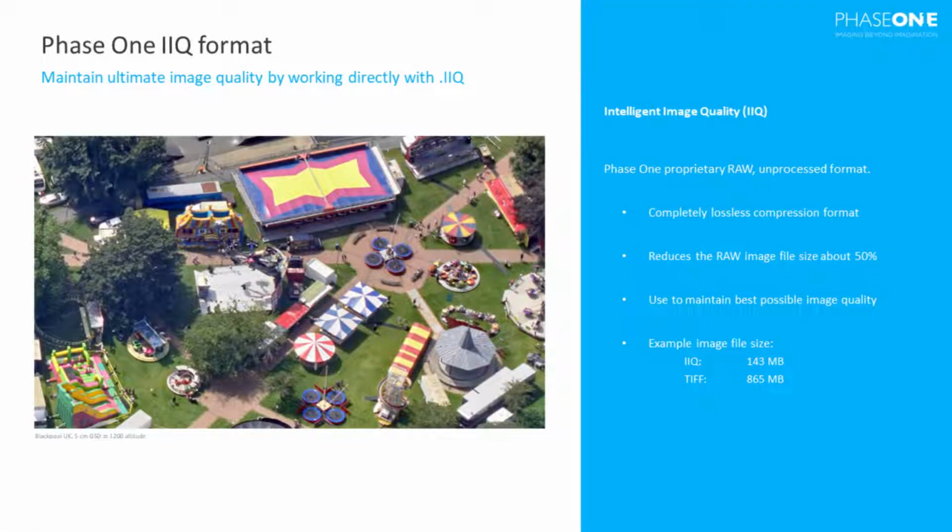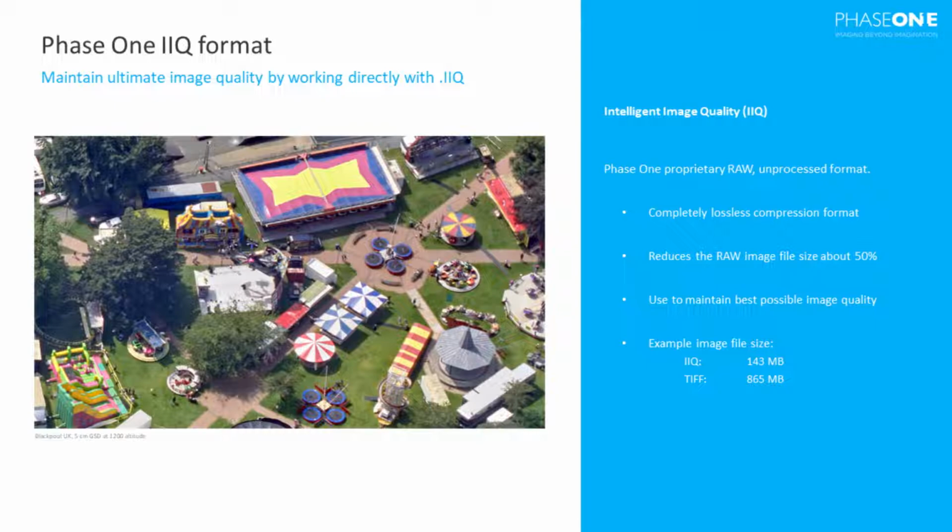The next big step here, and the reason we started working with your SDK, is the intelligent image quality format. So tell us a little bit about this. So IIQ, our intelligent image quality format, is a raw format which we've been using for many years.